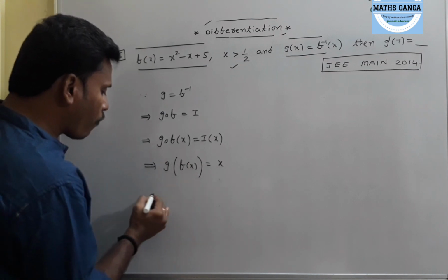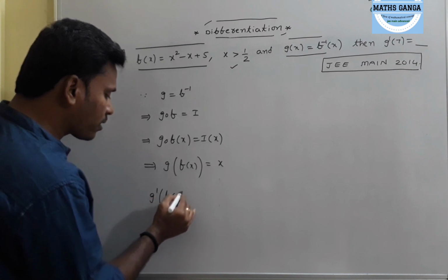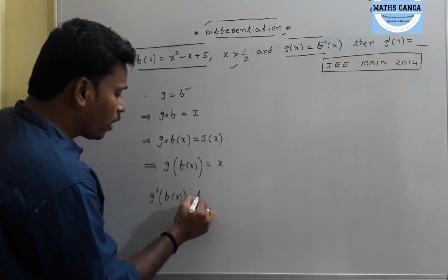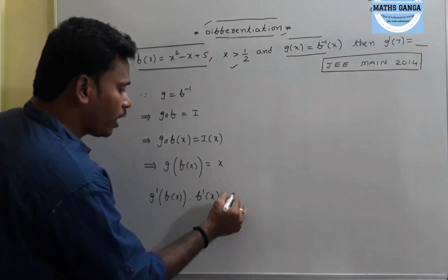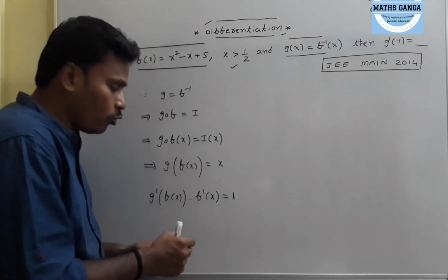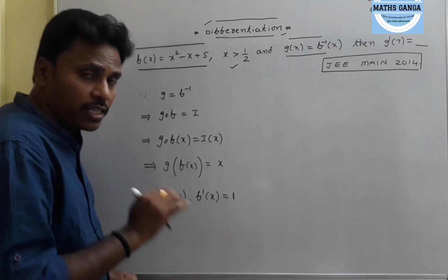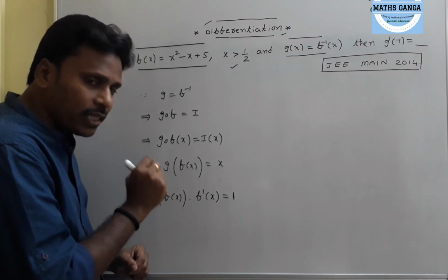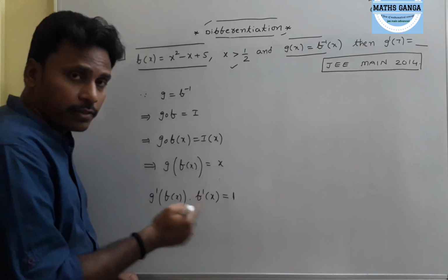This g of f of x can be written as g dash of f of x, composite function, into derivative of f, f dash of x, is equal to derivative of x, which is 1.